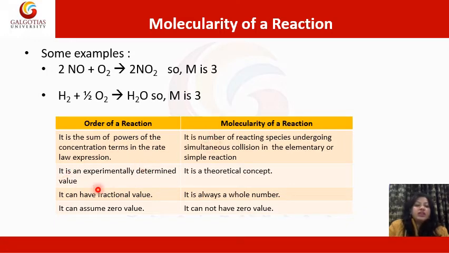Order is an experimentally determined value, whereas molecularity is a theoretical concept. Order can have a fractional value, whereas molecularity is always a whole number. Order can assume a zero value, whereas molecularity cannot have a zero value.